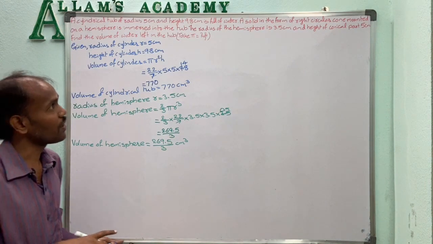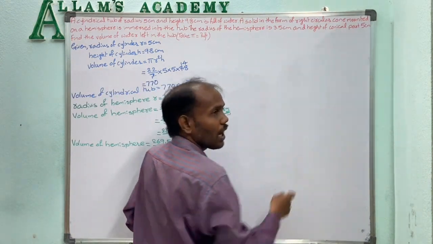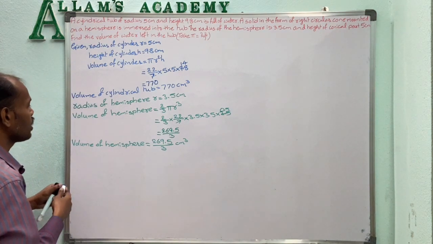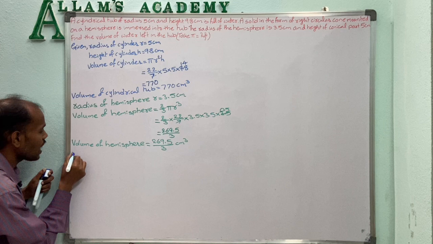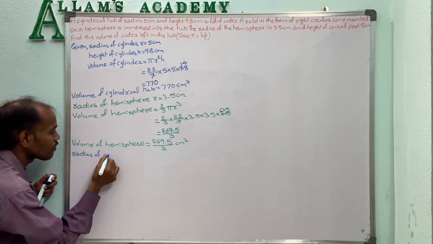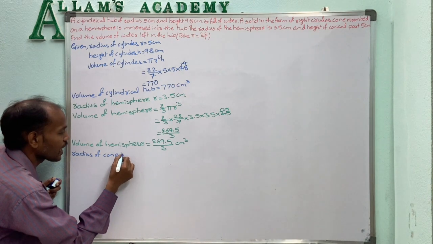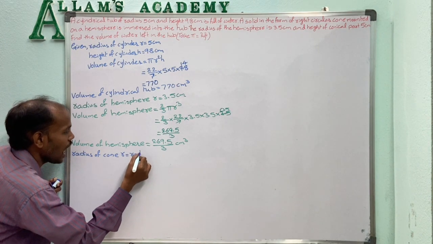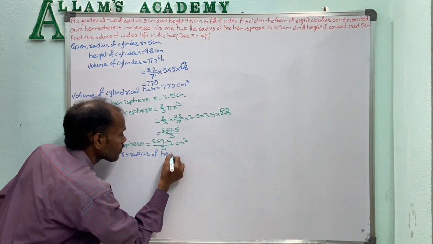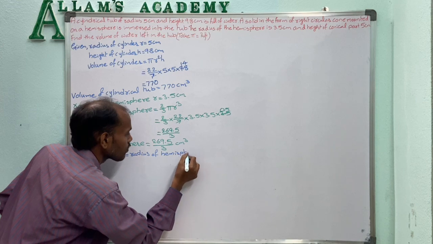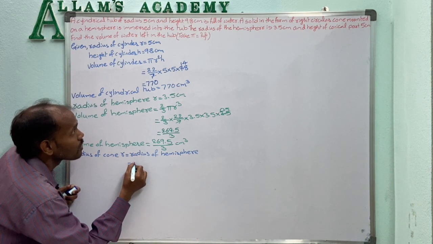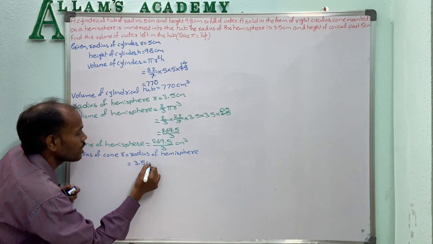Now here we are finding the volume of cone. For that purpose, writing the given information. So radius of cone is nothing but the radius of hemisphere only. That equals 3.5 centimeters.